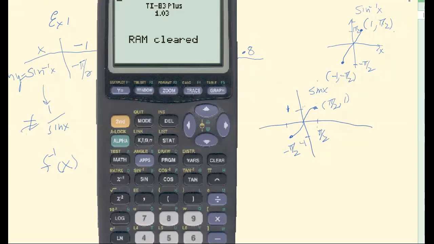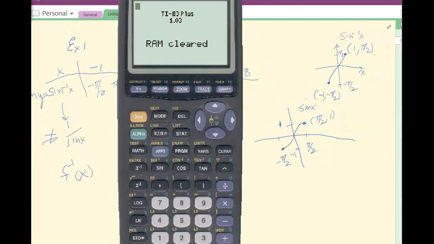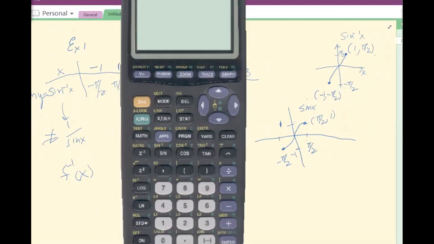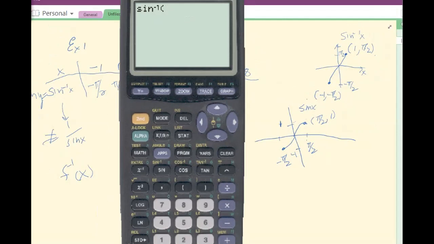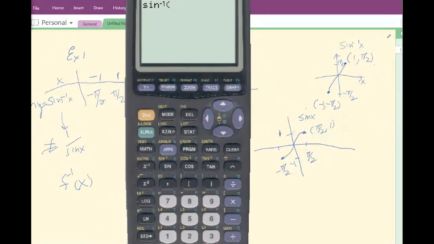Okay, I'm not sure if you're going to be able to see this, but I'm going to go ahead and put my numbers in here. I'm going to select the inverse sine of that. I need to make that a little bigger. And I'm going to put in that 0.8 and enter that.